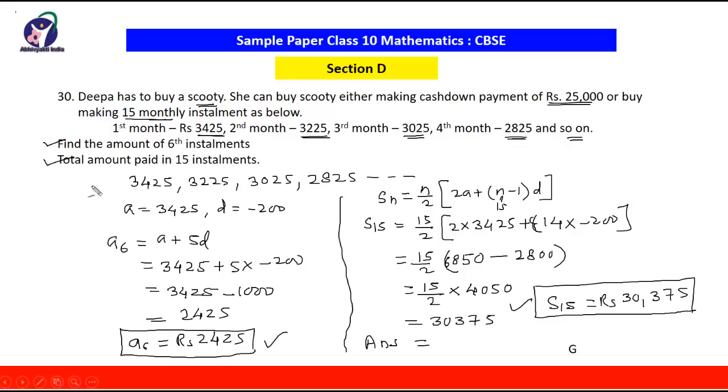Here the marks distribution will be like this. This part will have half mark, this part will have 1 mark, this part will have 2 marks, and the answer will have half mark. So the 4 marks will be distributed in this way.